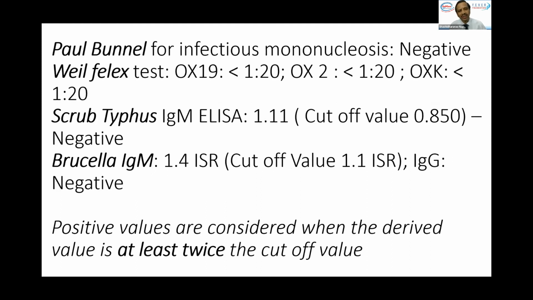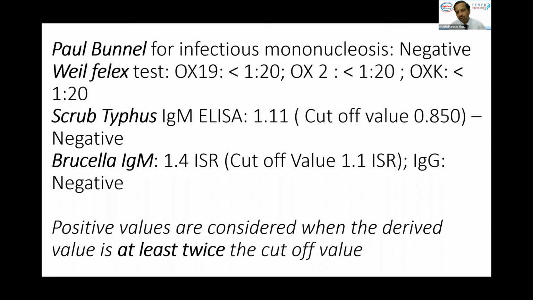Now look at these tests. It is said that all these immunological tests are significant if the derived values are at least 2 times or more as compared to the cutoff values, and none of these are 2 times more. But these values should be considered with a pinch of salt because they would be done at a particular point in time.